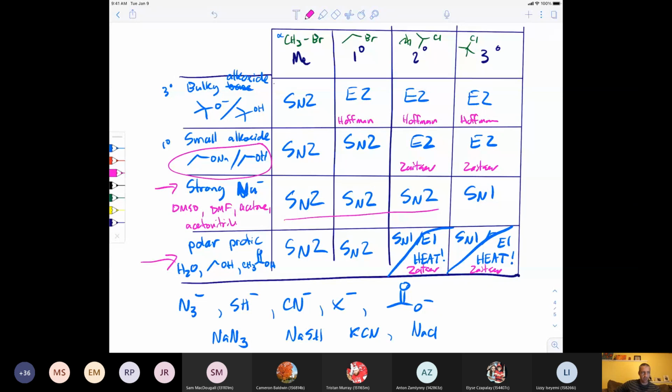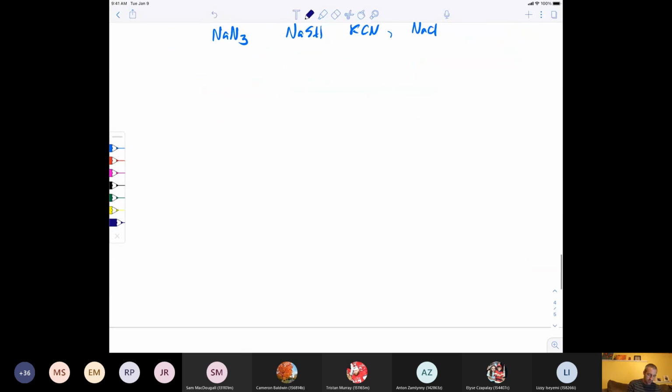Because this is a whole lot of information on this one page. And if you're on the Instagram account, there's a post that's still up there with all this information on there. But let's apply some of this and see some examples as you might see them on the midterm.